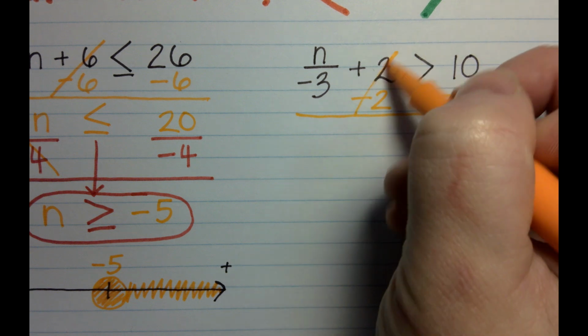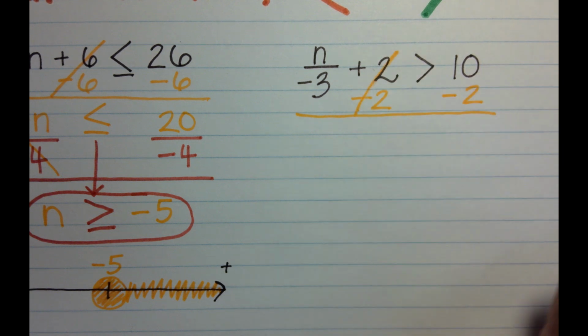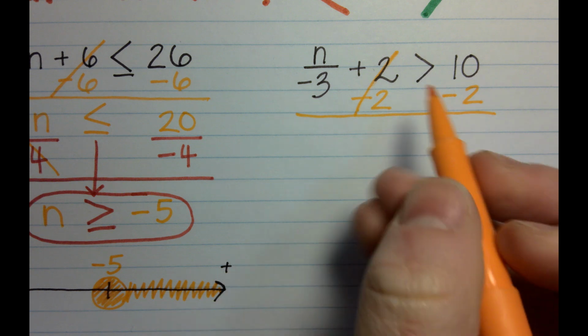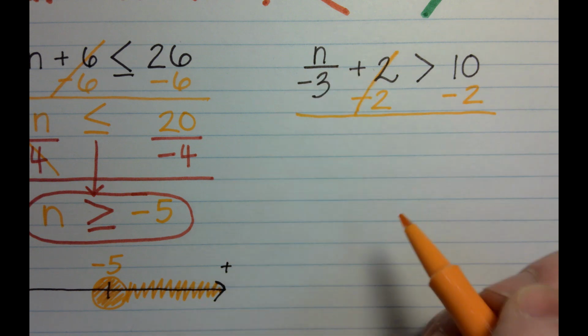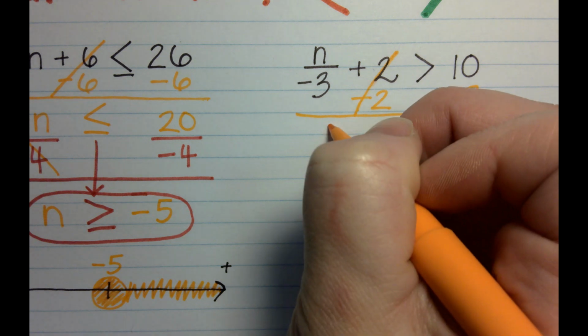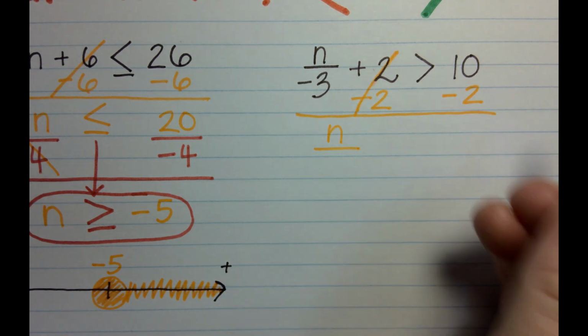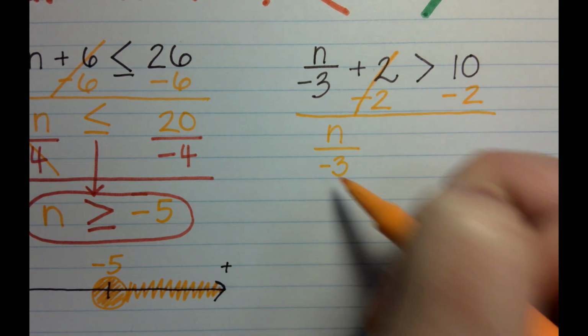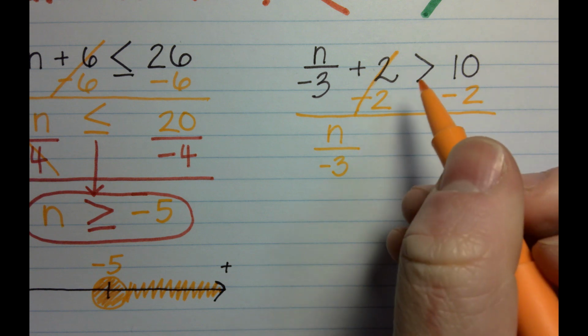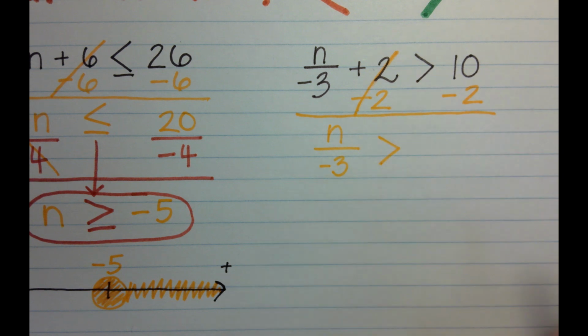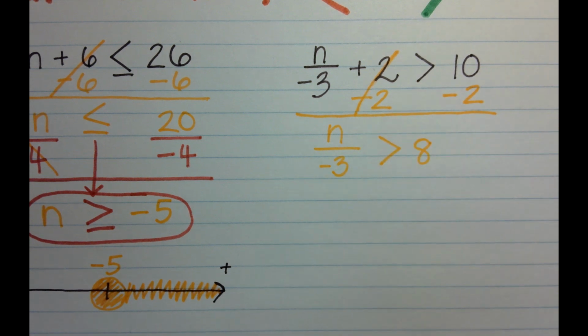Cross out the 2's. Go ahead and bring everything down now. N divided by -3 is greater than 8. Good.